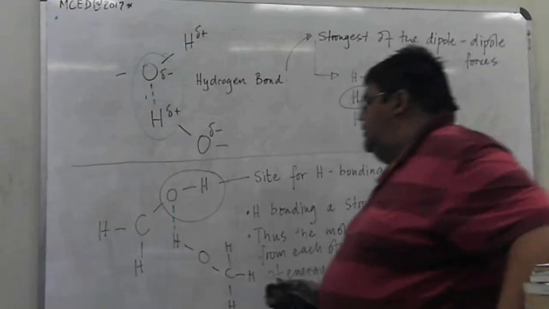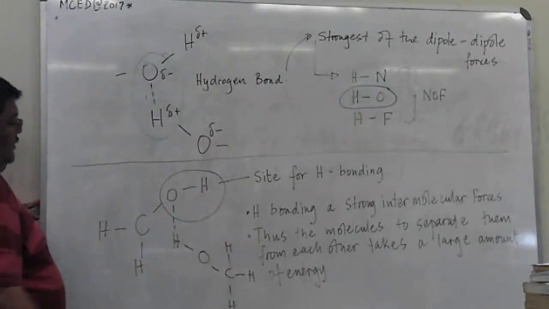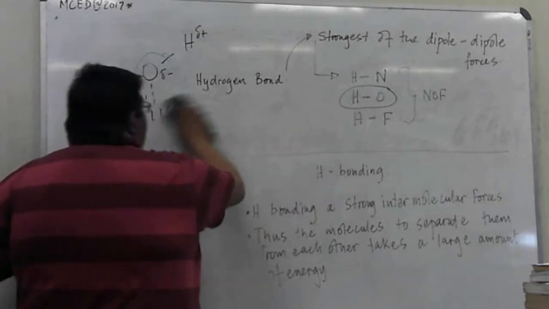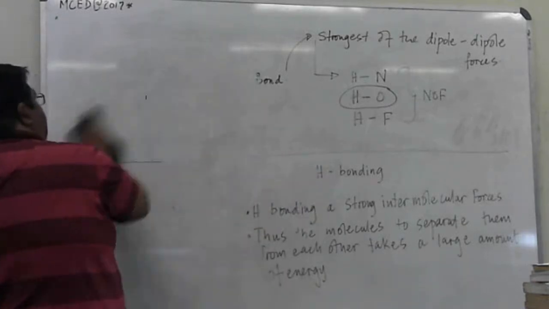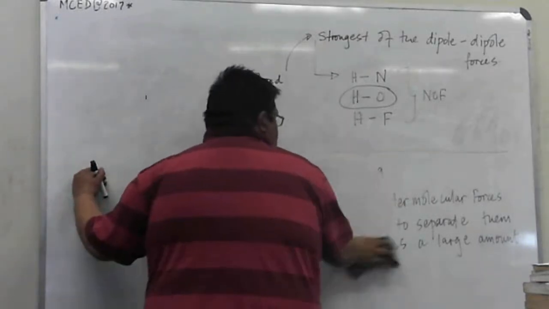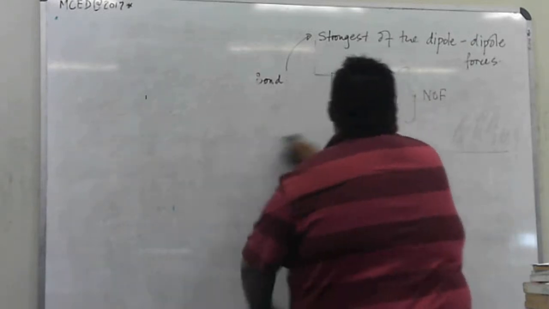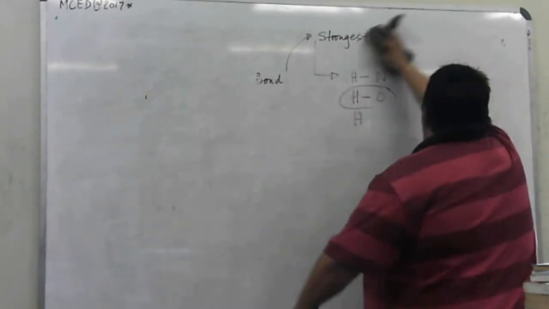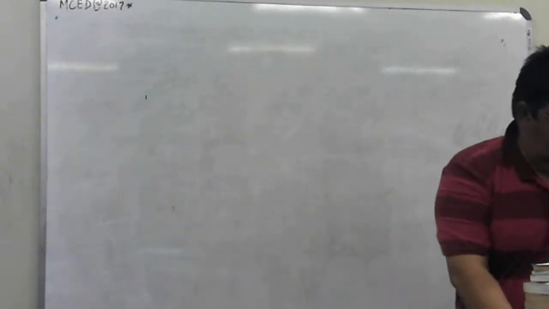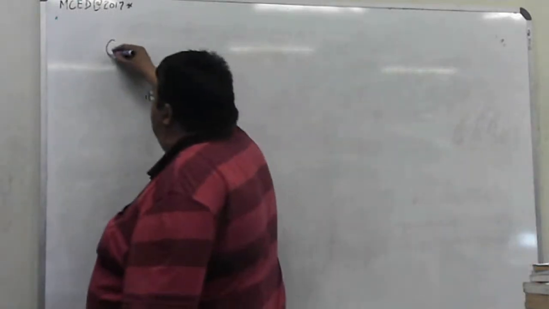Okay, let's have a look at the next thing I want to show you. Right, I'm going to wipe this from the board. And the next thing I'm going to look at is a carboxylic acid.